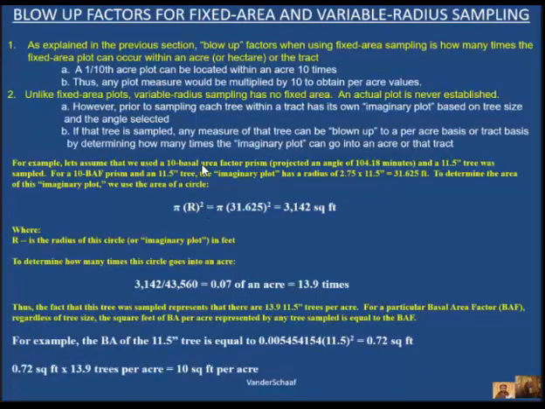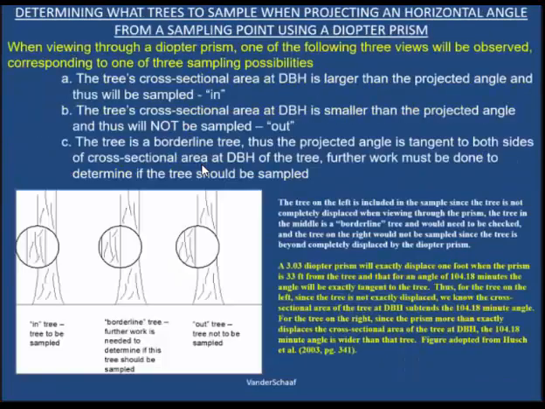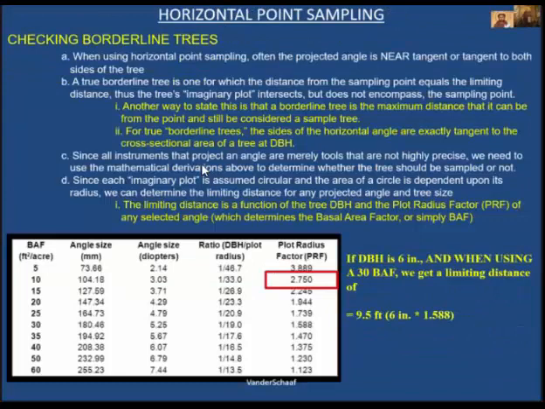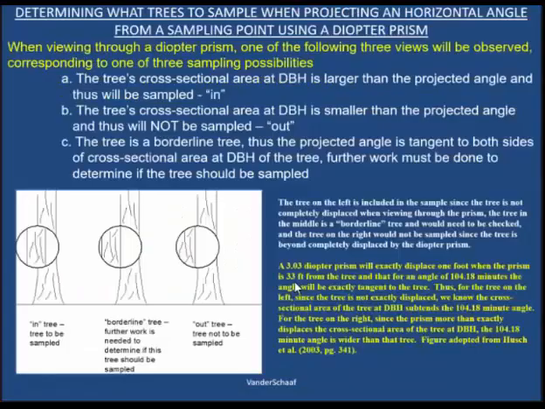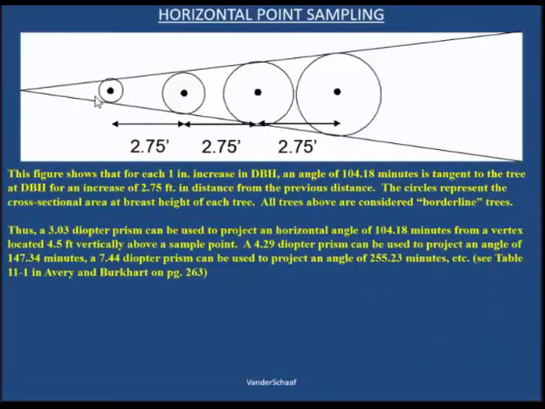And before I do that, everyone, we can go back here. So remember that 2.75 is coming from here, your plot radius factor, for that angle size and that BAF of 10, your basal area factor, your angle size associated with that BAF, and the plot radius factor of 2.75, which essentially is coming back from this, okay?